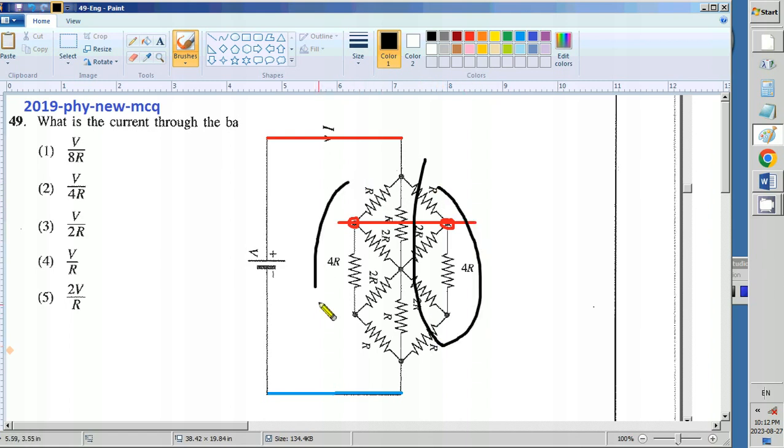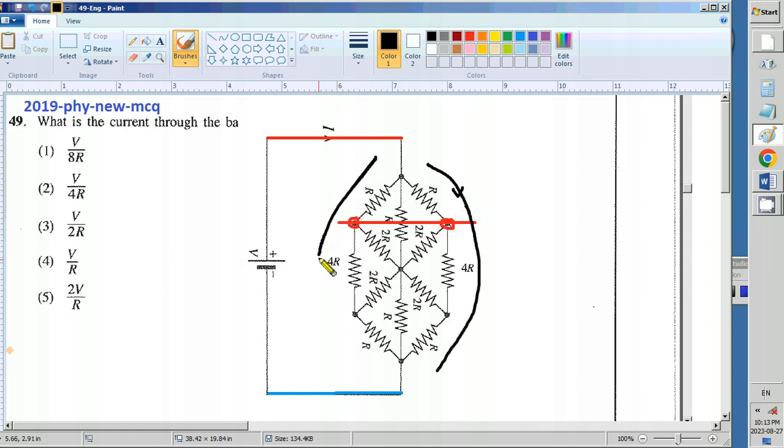These parts are symmetrical. That means the fate of water coming along this line must be equal to the fate of water flowing along this line. The fate means the resistance that it feels.